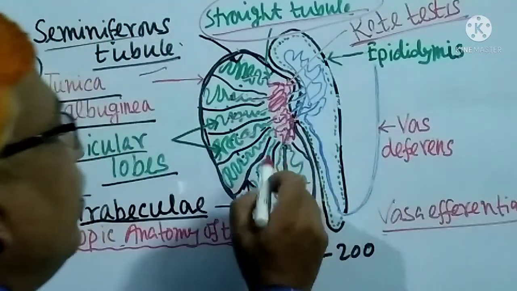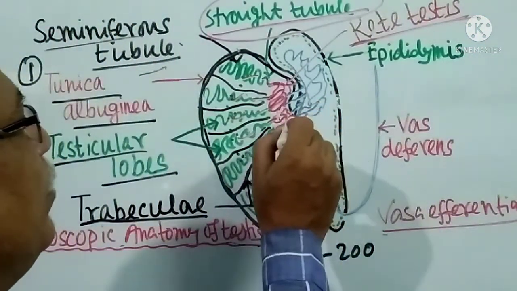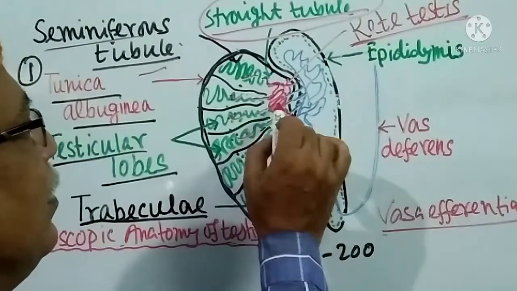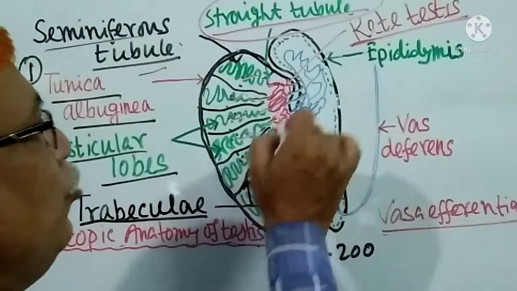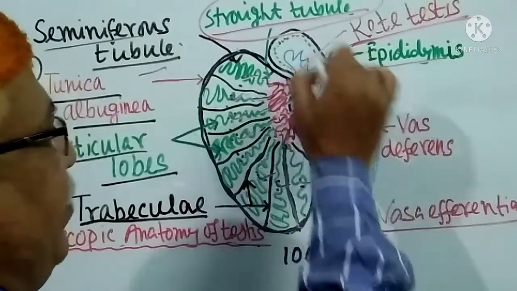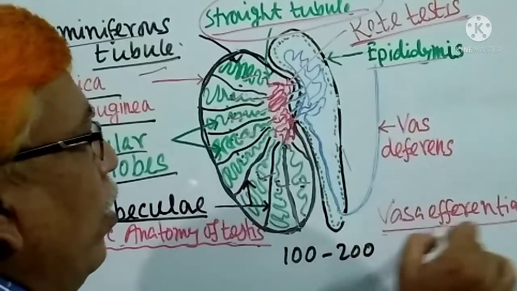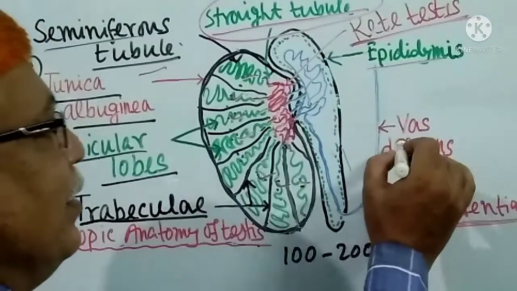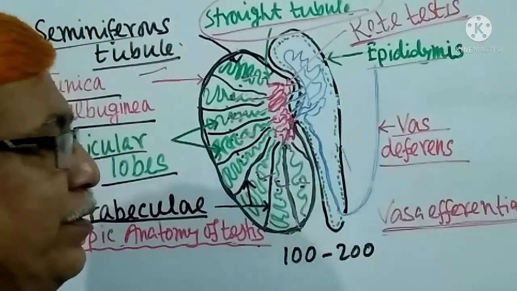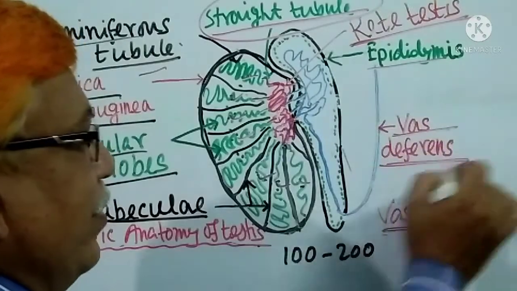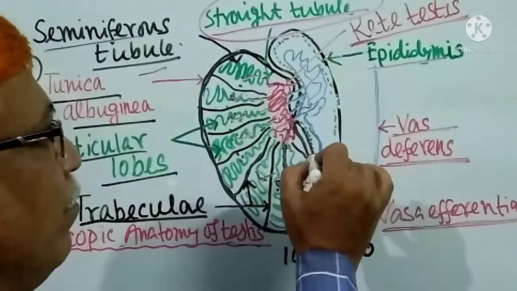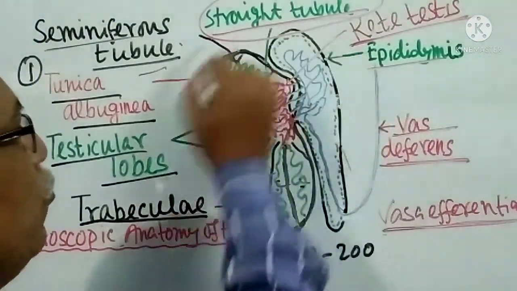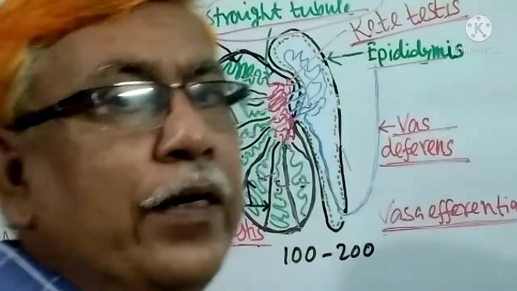This is vas deferens, which arises from the epididymis. So this is the microscopic anatomy of testes.